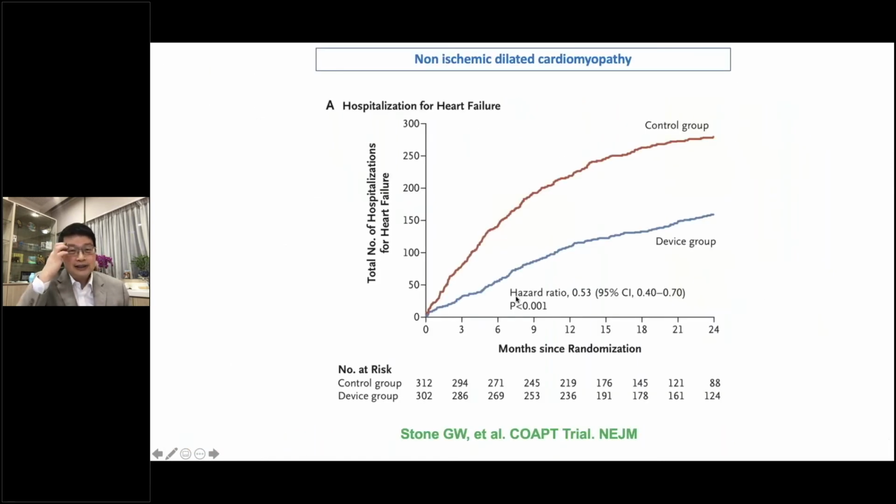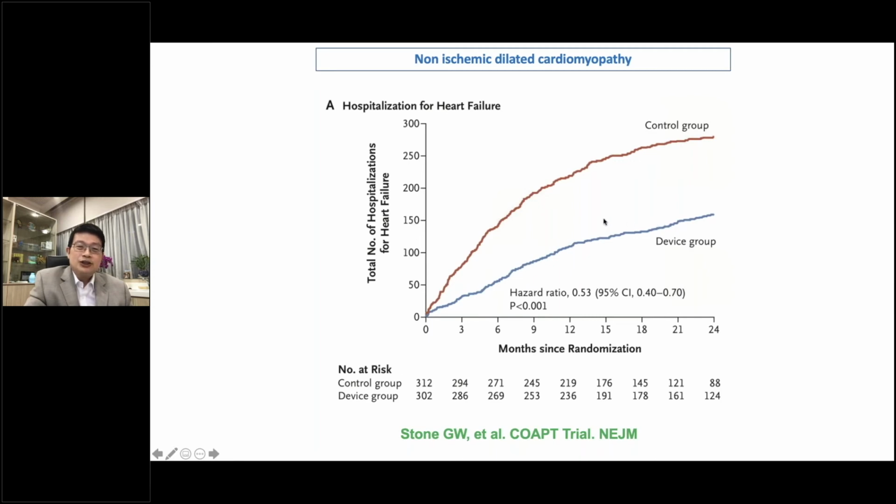In contrast, this is another trial, the COAPT trial, which looked at the same thing, and they also randomized patients with significant mitral regurgitation and heart failure to either continuing on medical therapy or having a device closure of the mitral regurgitation.